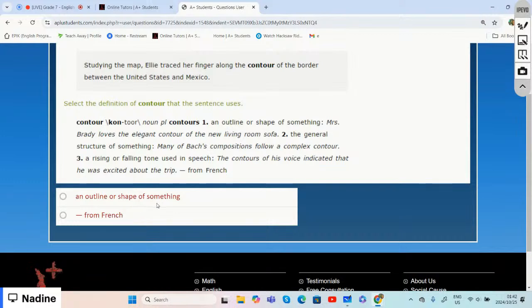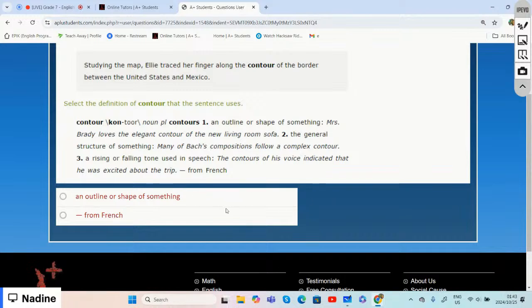Is it an outline or shape of something or a fringe?